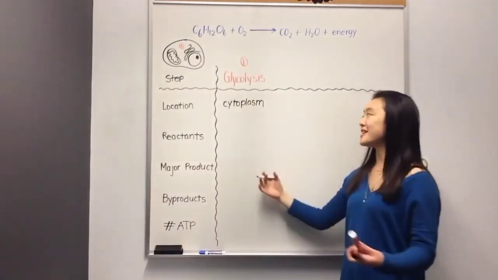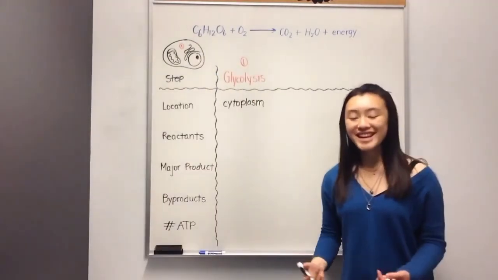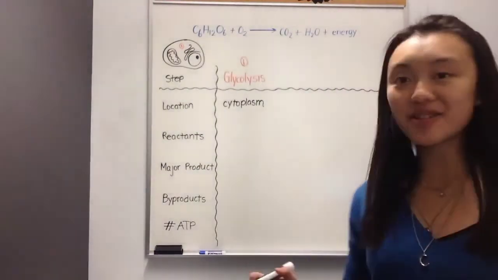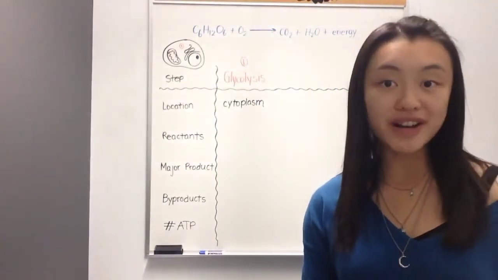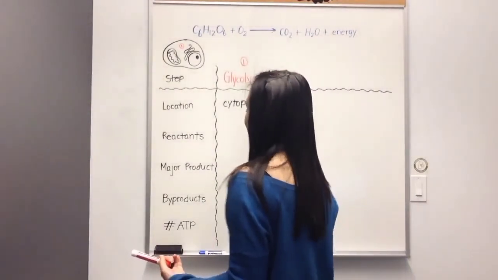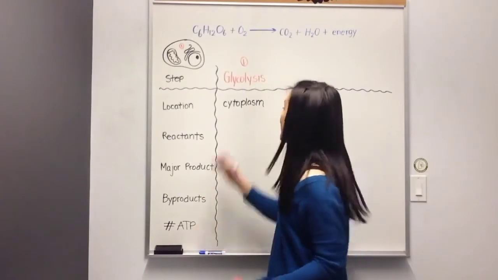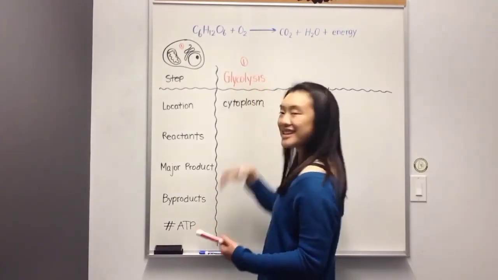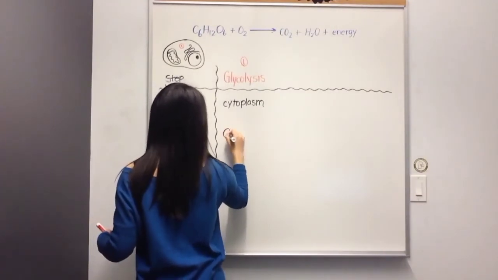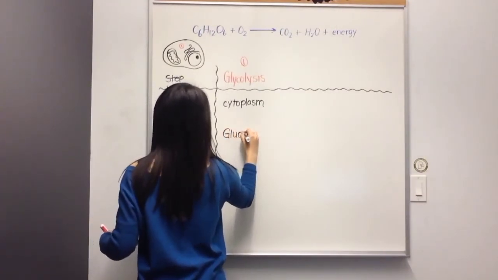Great, so what goes into glycolysis? As you can probably figure out from the name, glycolysis literally means cleaving or cutting a simple sugar. The sugar that we are cutting in this case is glucose. Lysis means splitting, so we're splitting up a sugar, or more specifically, glucose.